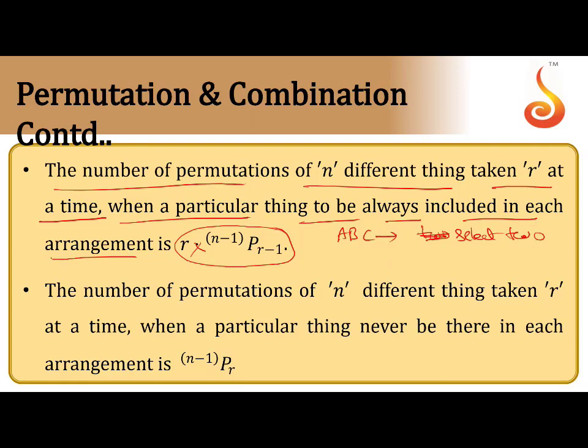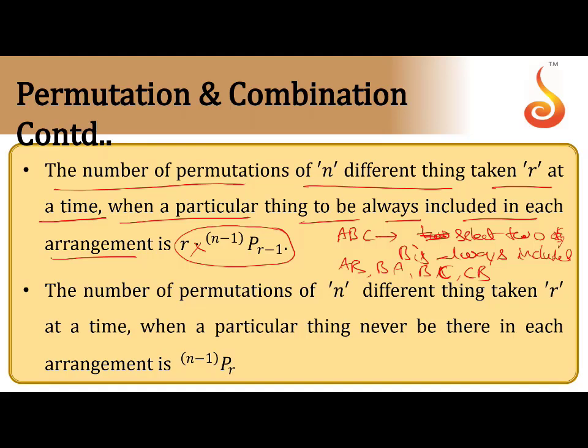So B is always included. What are the possibilities? AB, BA, BC and CB. Observe here, I am selecting two objects and B is always included.